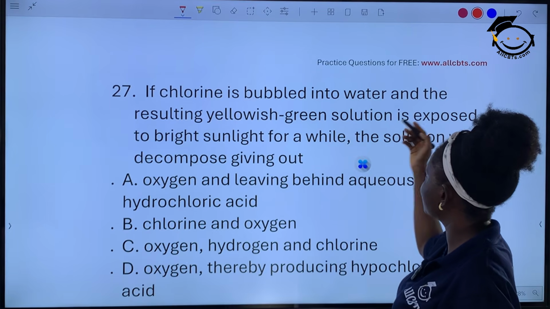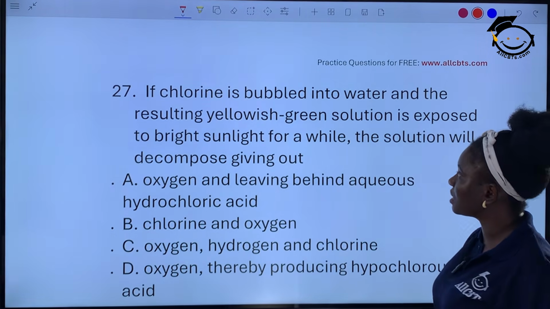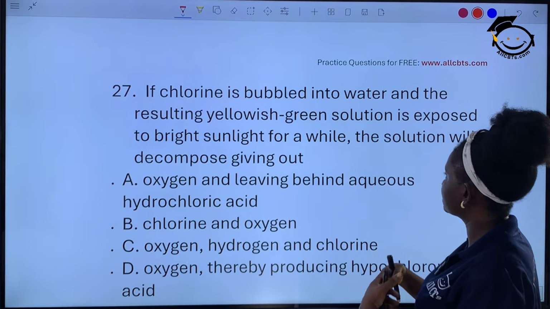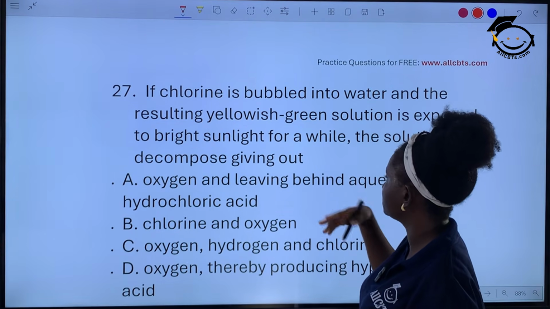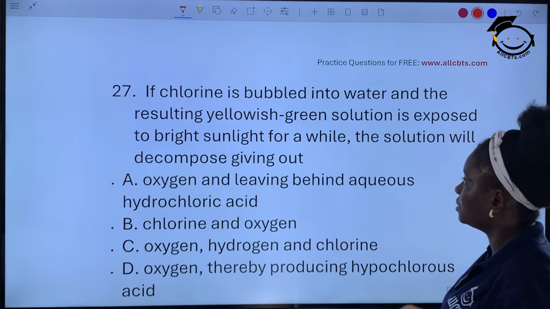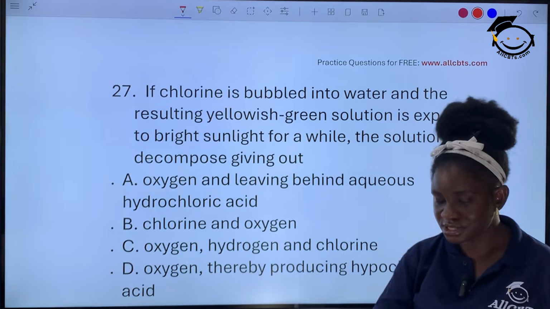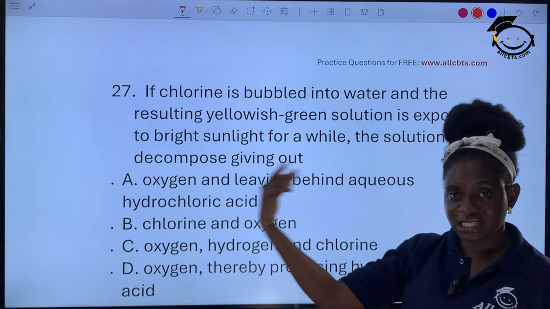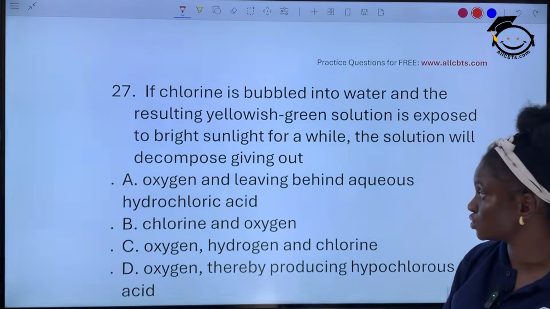If chlorine is bubbled into water and the resulting yellowish green solution is exposed to bright sunlight for a while, the solution decomposes, giving out what? So when you bubble chlorine in water, it gives the yellowish green solution and you further expose it to sunlight. So what will happen to the solution?